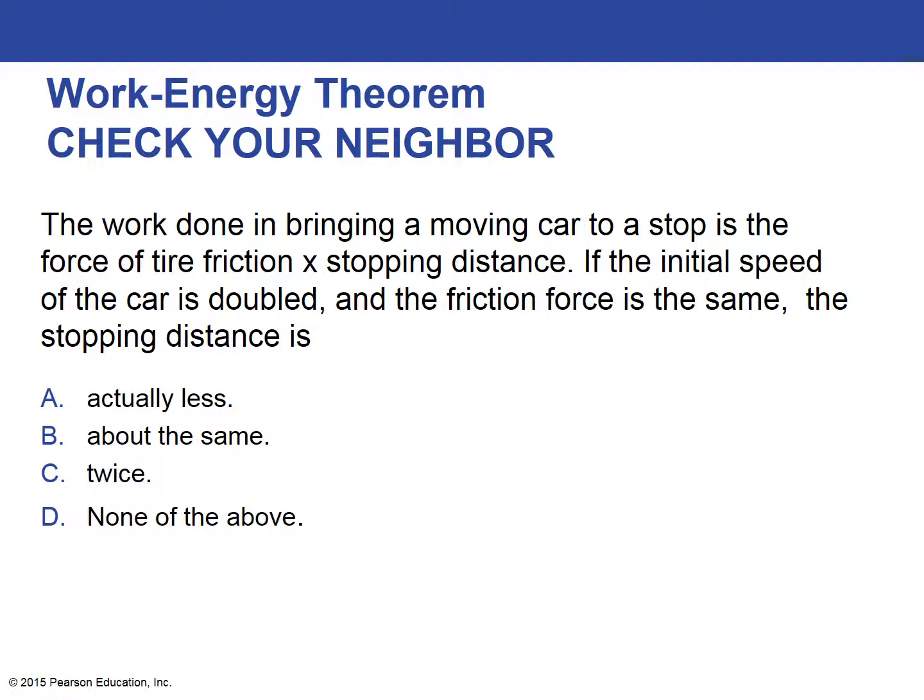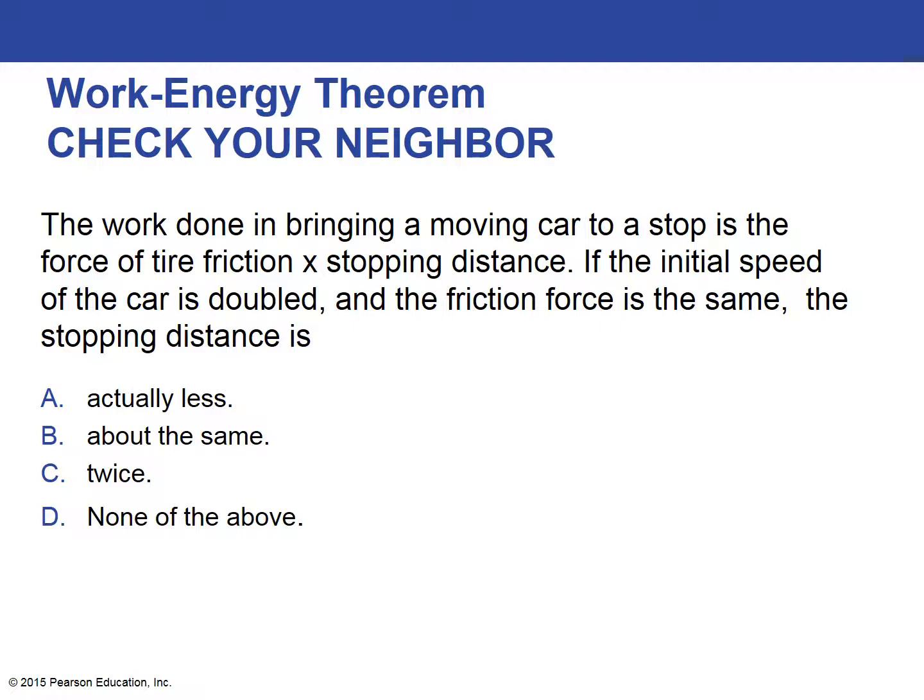And if in the two scenarios the frictional force is the same, how much extra stopping distance is going to be required for the same car going twice the velocity of the original car? What would be the stopping distance if we double the speed?